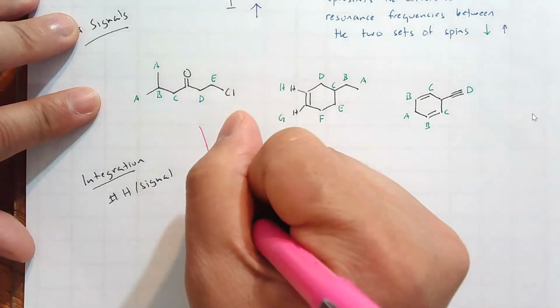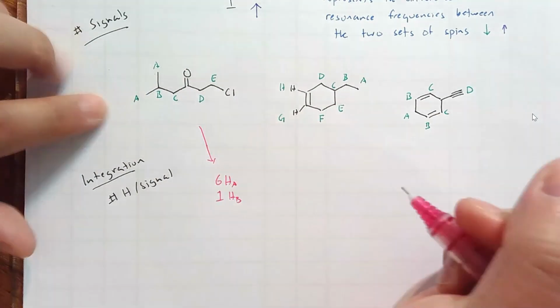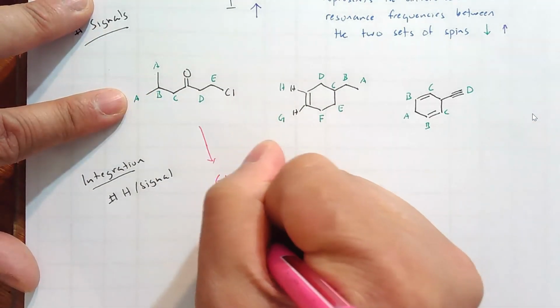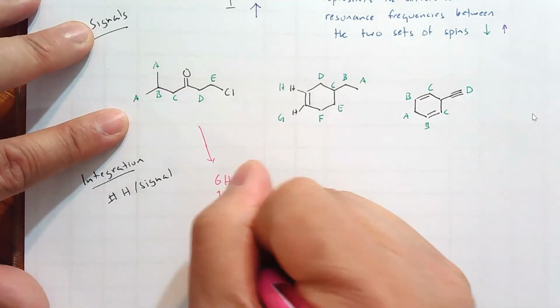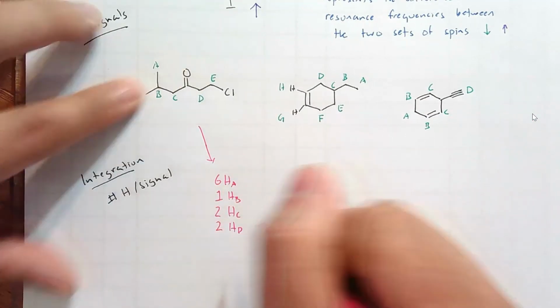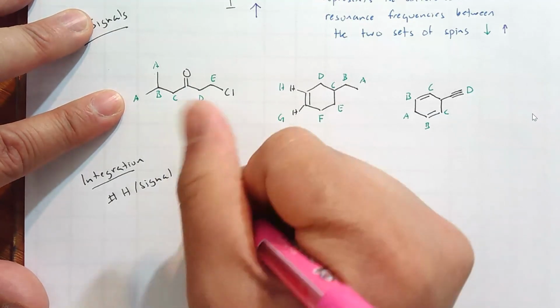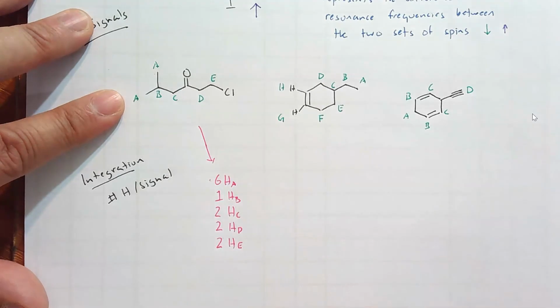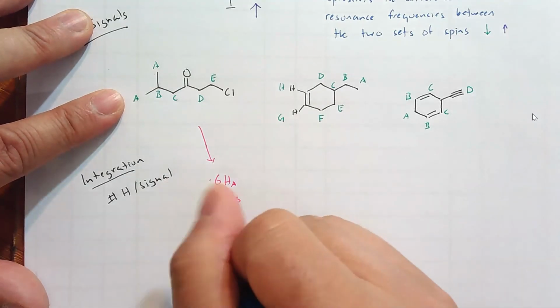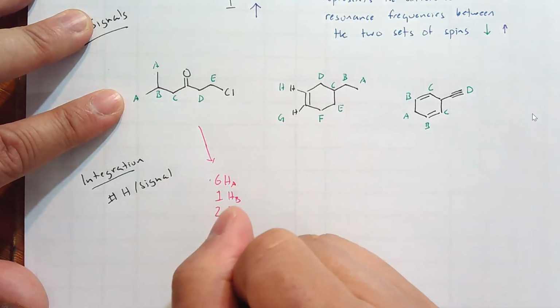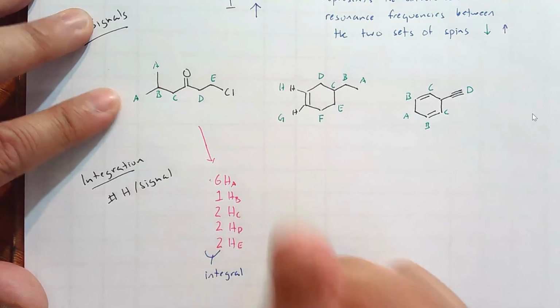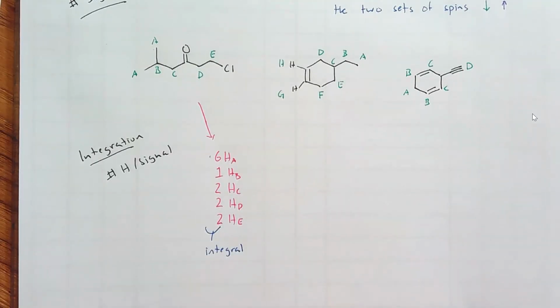For B, you have 1HB. For C, you have 2HC. For D, 2HD. For E, 2HE. These numbers right here come from what's called the integral. And you get the integral by doing an integration.